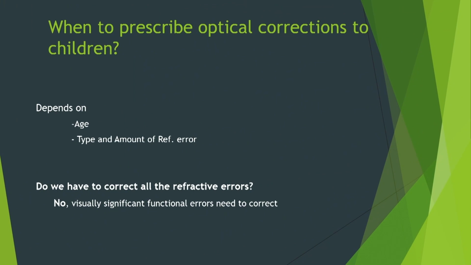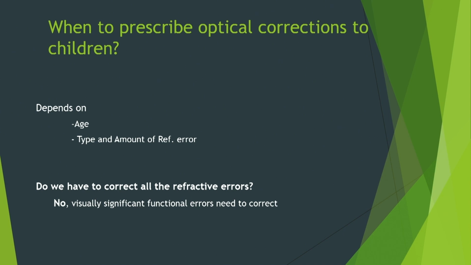Then this is the question: when to prescribe optical correction to children? Are you prescribing each and every error for children? No, that depends on the age, the type of the refractive error and the amount of the refractive error. We are not prescribing each and every error for children, right?